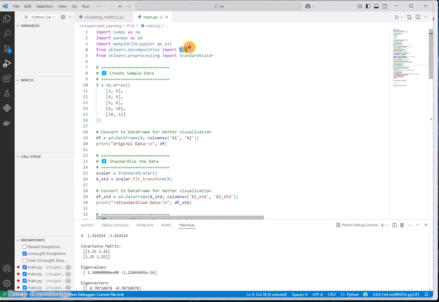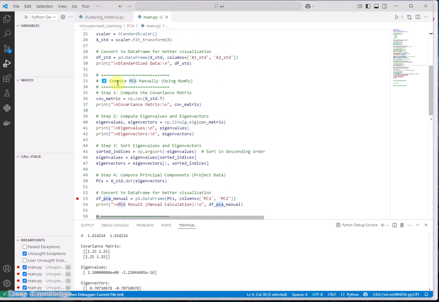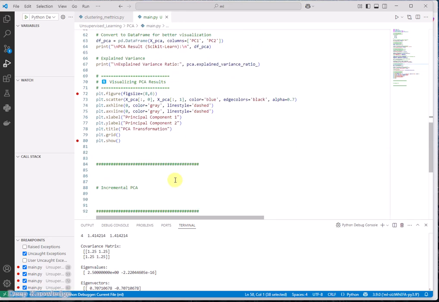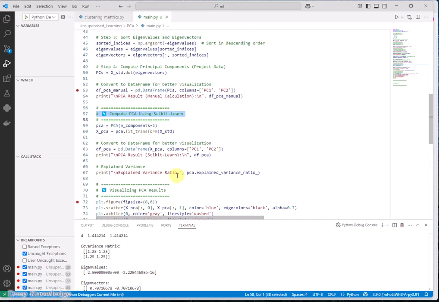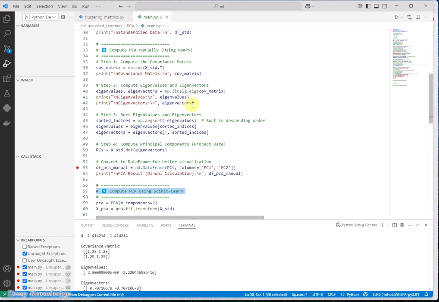Principal component analysis is, I would say, a subset of singular value decomposition. You can see this is calculated by NumPy, and this is calculated by Scikit-learn. Of course, you will have some differences, but this is sometimes the case.